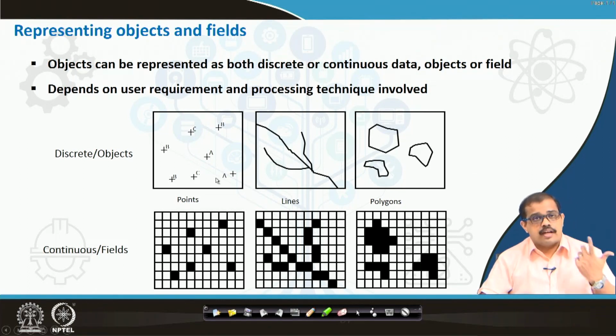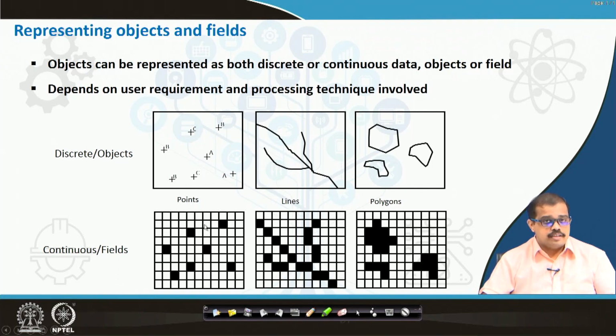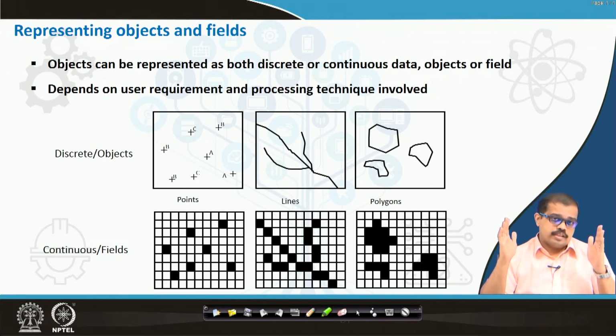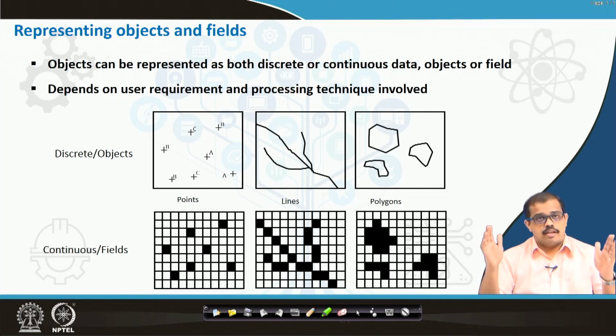When it is a continuous representation, or you are speaking about fields, then it is a number of squares together in the form of a matrix, with m rows and n columns, and it is represented as a continuous field or a continuous value.